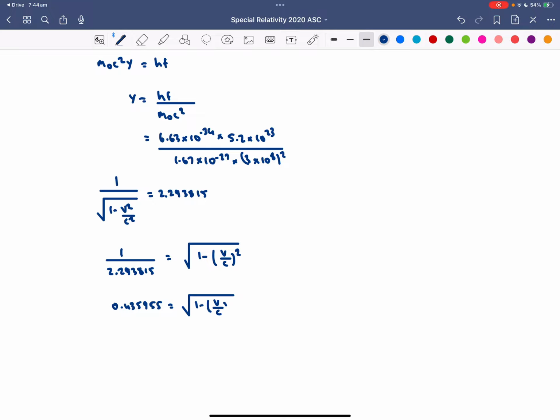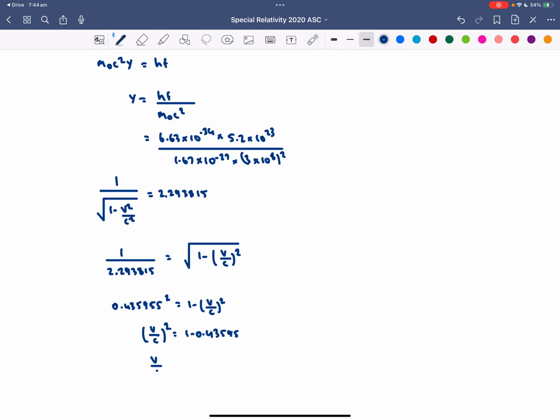Then I want to get rid of the root, so I'll just write this squared equals that. Then bring the v on c squared to this side, and bring the 1 take 0.435955 to the other side.